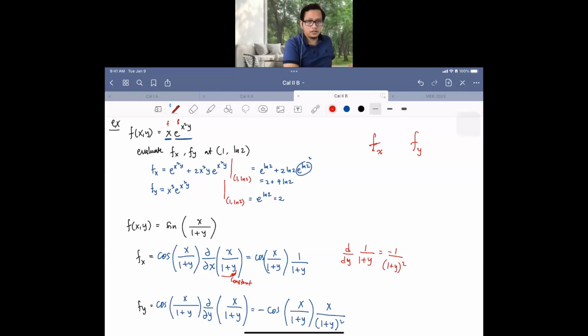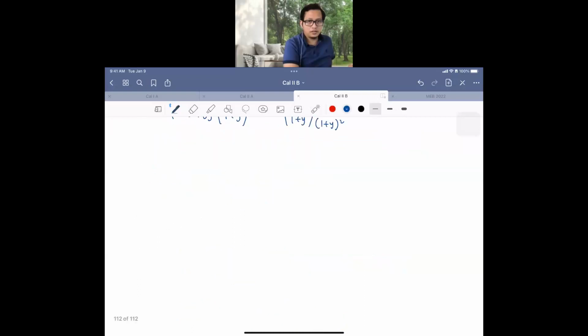Okay. Now, from here, what I want to move on to is that because we have partial x and partial y, now these two partial symbols symbolize that for a function that has two variables, we will at least have these two partials, right?